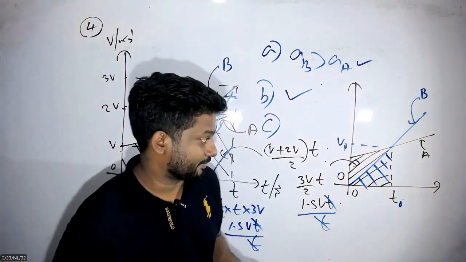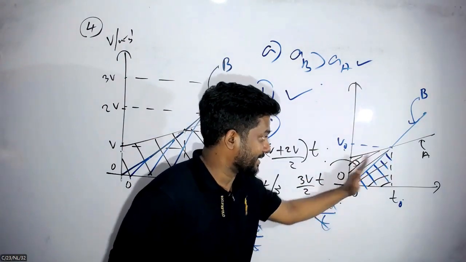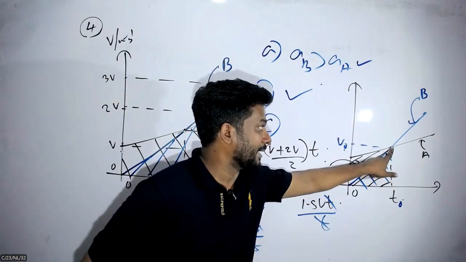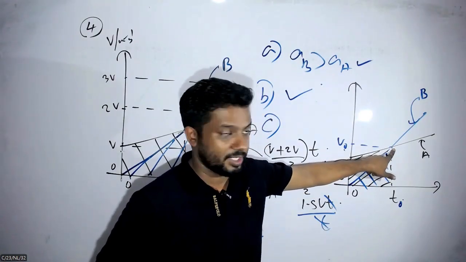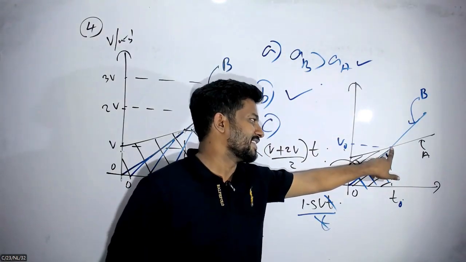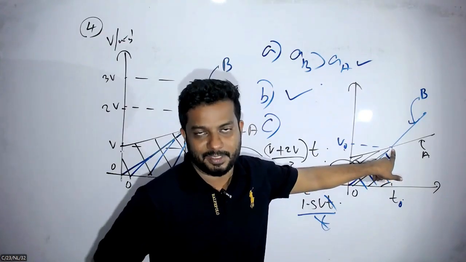That means even if capital B accelerates and increases velocity, at this point velocity of capital B is equal to velocity of capital A, but displacement of capital B is less than displacement of A, that means capital B cannot pass A at this point.